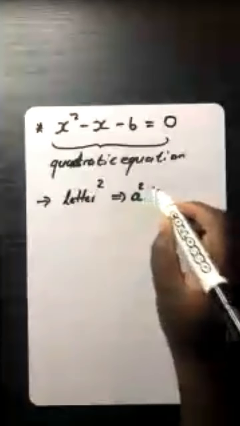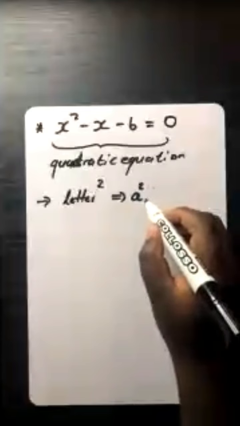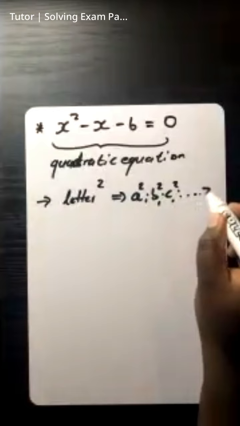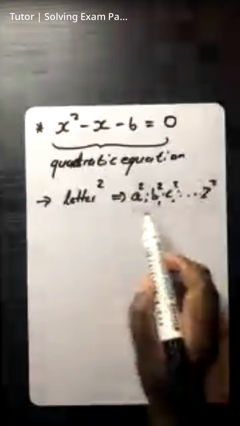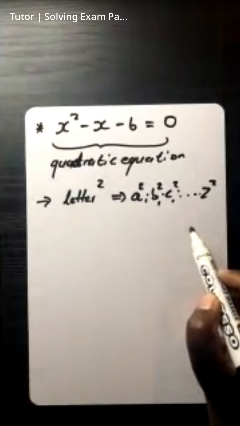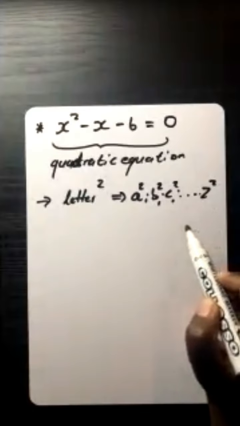That letter could be a squared, b squared, c squared, any letter up to z squared. So the moment you notice that in a given equation, then you know it's a quadratic equation.